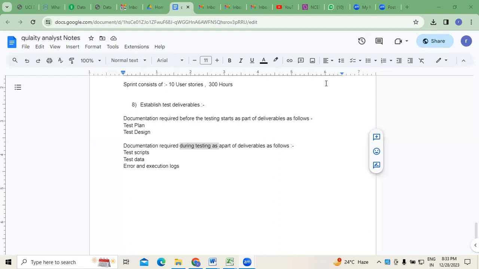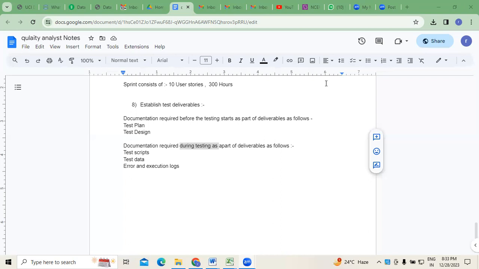Next, we need to focus on the errors and the execution logs, right? Whatever errors we identified at the time of testing and whatever executions we have made so far will all be mentioned during the phase of the project.